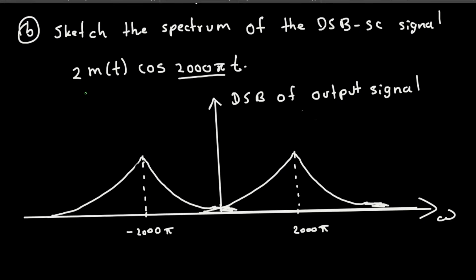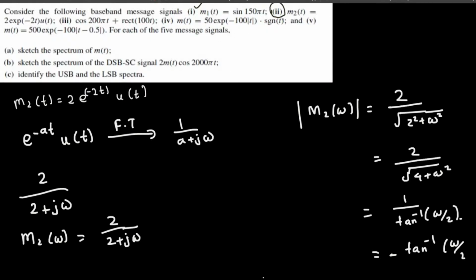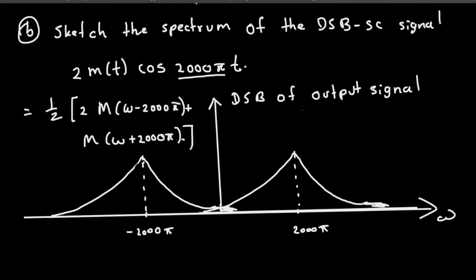And you can also, if you want to express this one, how did we get the shift, you can write half times 2 M of omega minus 2000 pi, and then plus M of omega plus 2000 pi, and that's it, and the 2 cancels, and we got this.